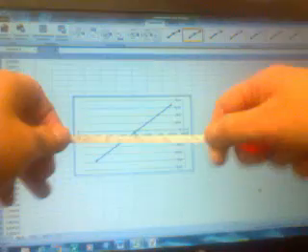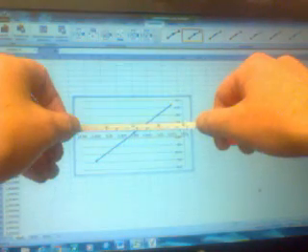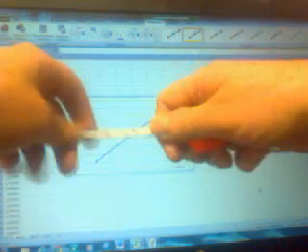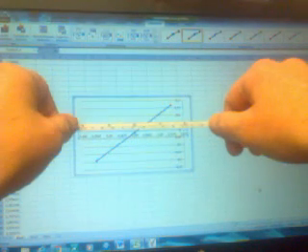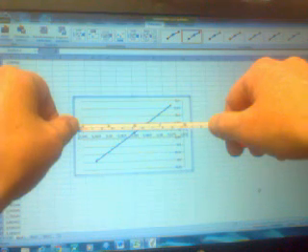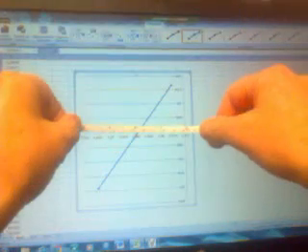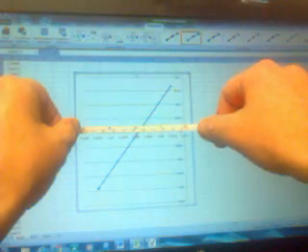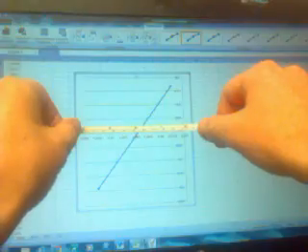What I'm also going to do is measure the increments, in this case with a centimeter line, and I'll show you why in a moment. I'm going to analyze the graph a little bit, stretch it a little bit, and in a moment it will become clear why I'm doing this.